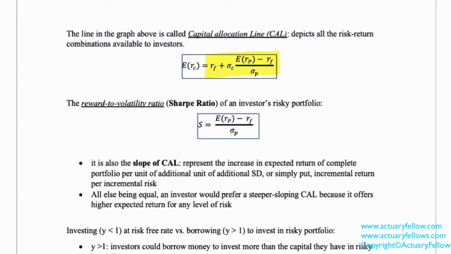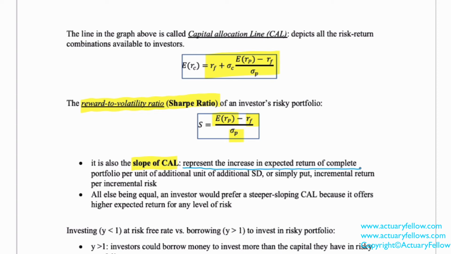The slope of CAL is the expected risky portfolio return minus risk-free rate, over sigma P. It's also known as the Sharpe ratio or reward-to-volatility ratio. It represents the increase in expected return per unit of additional standard deviation.